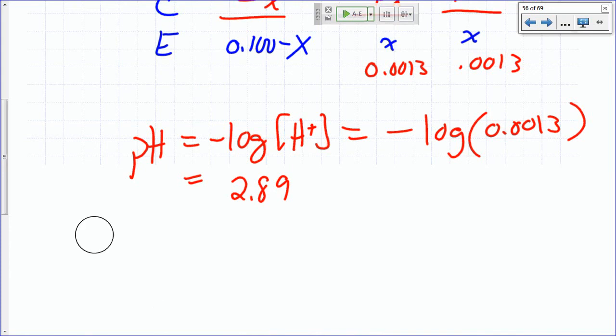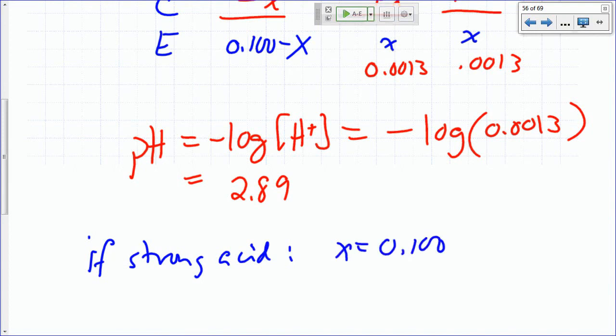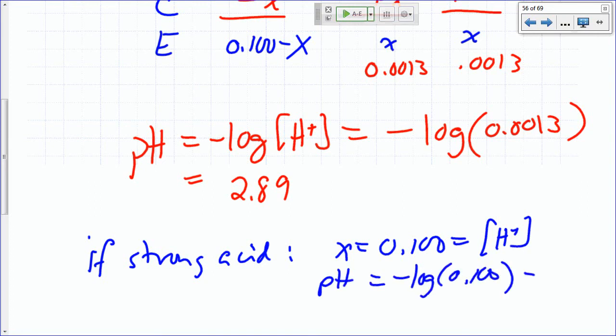That's your pH. What would have been the pH if this was a strong acid? If you had a strong acid, X would have been 0.1, right? And so that would have been your H plus, and your pH would have been negative log of 0.1, which is 1.